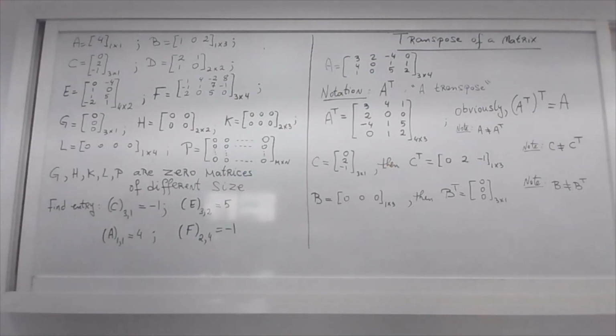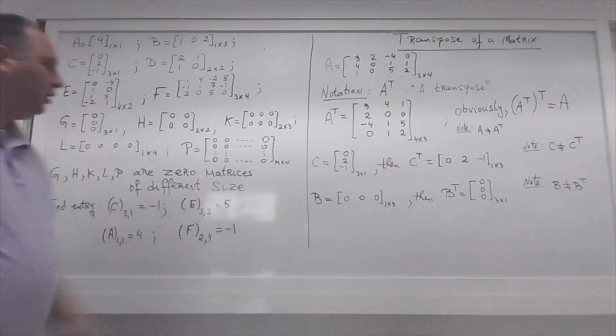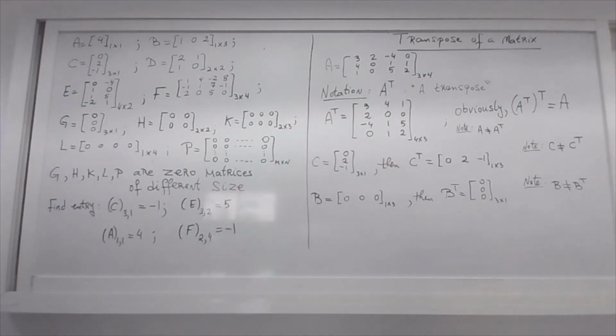So when we talk about a zero matrix, most of the time we will need to specify the size. If we want to find entries of a matrix, let's say our matrix C here, and I want to find entry 3, 1, that means I need to go to row 3, column 1. The entry is -1.